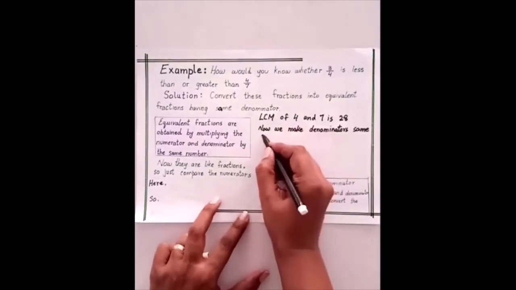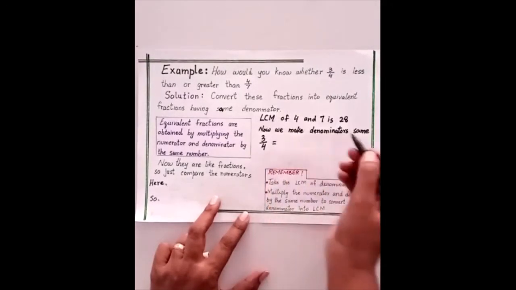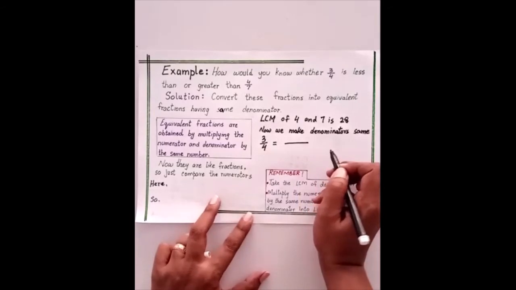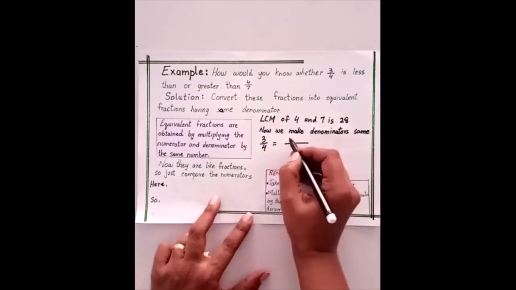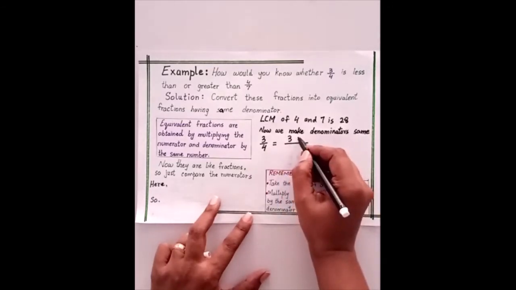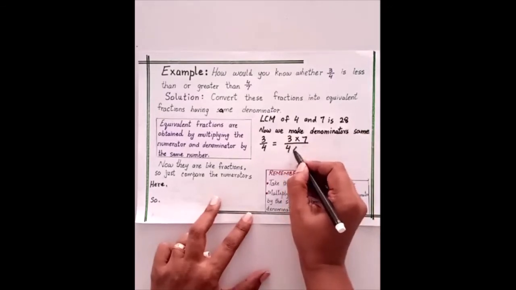What we will do? 3 upon 4. We will multiply both numerator and denominator by the same number. Three multiplied by 7 and 4 multiplied by 7.